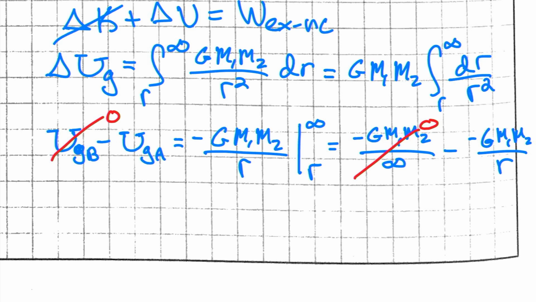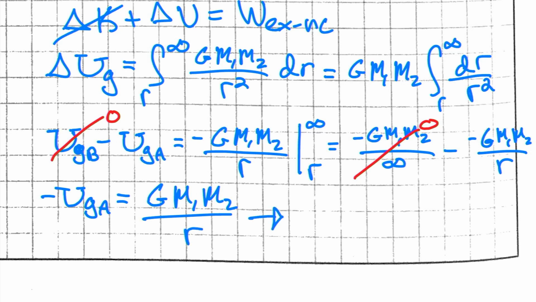We said no potential energy at infinity. So what we get is negative U_GA equals positive G M1 M2 over r, which, if we move that negative sign around, we get the gravitational energy is negative G M1 M2 over r.